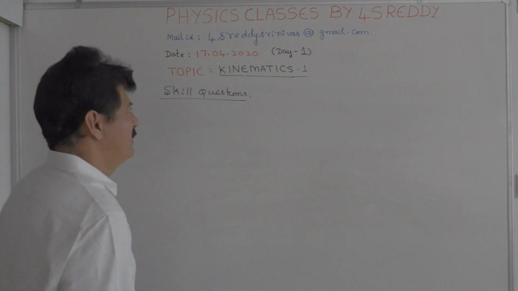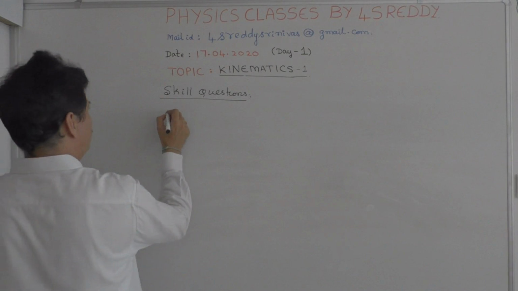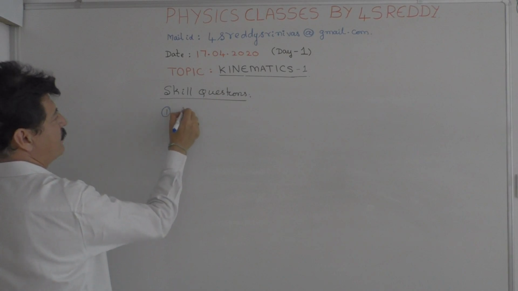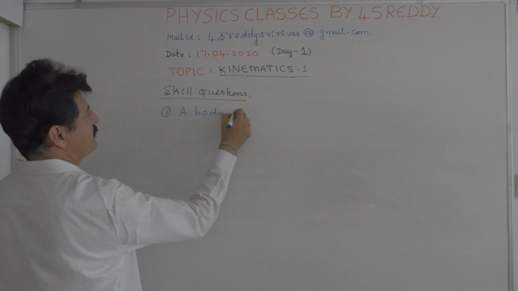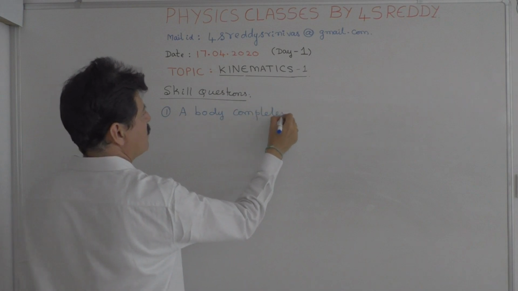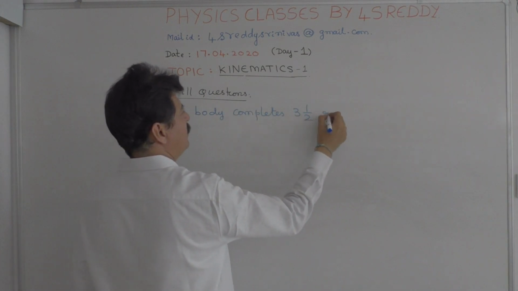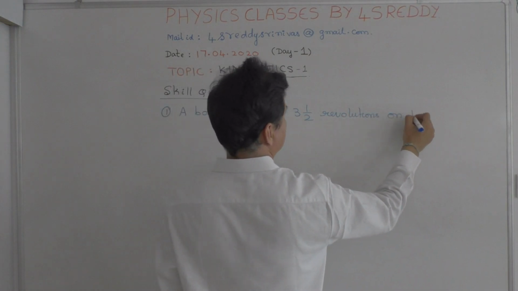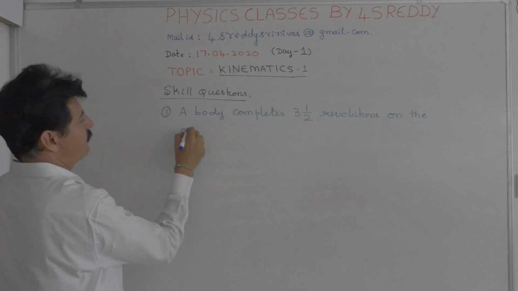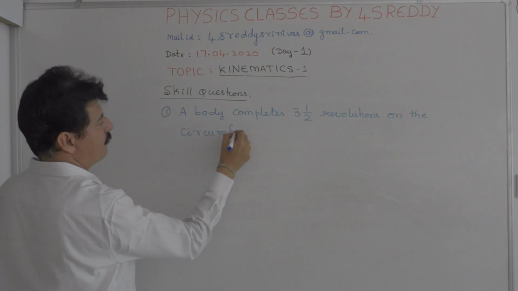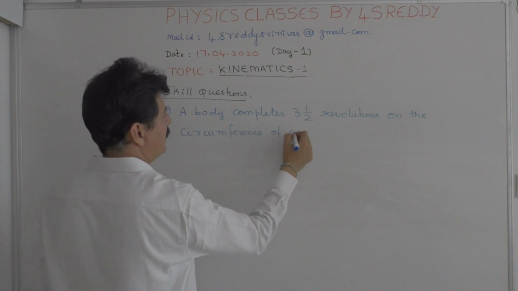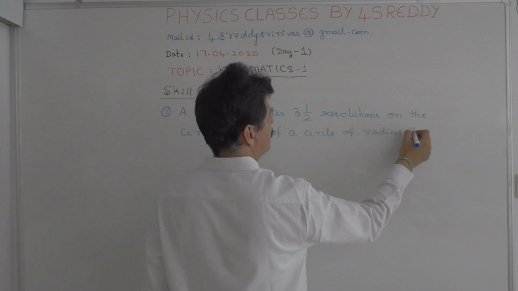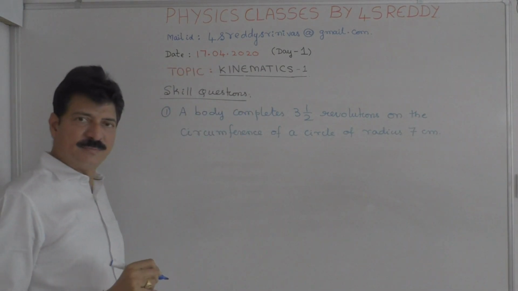You may be asked a question like this. The first question will be like this: a body completes 3½ revolutions on the circumference of a circle of radius 7 centimeters.